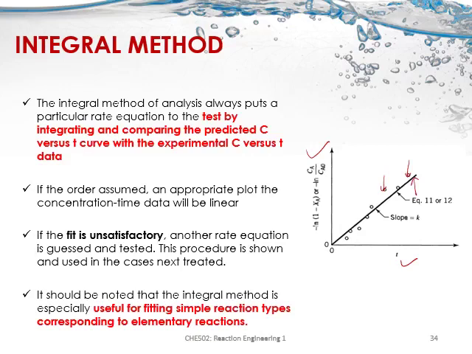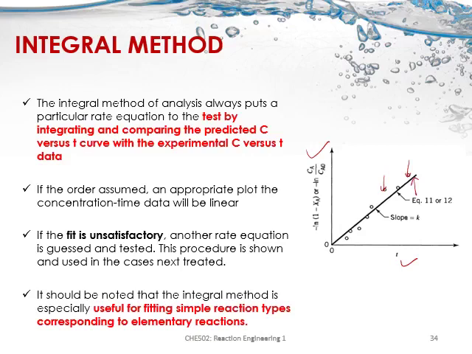If it happens to be not linear, it means either the data cannot be fit to the model, so you cannot use this method, or something is wrong with your experimental data and you need to repeat it again. The third point, if the fit is unsatisfactory, another rate equation is guessed and tested.